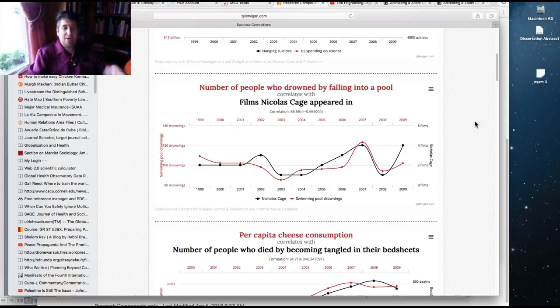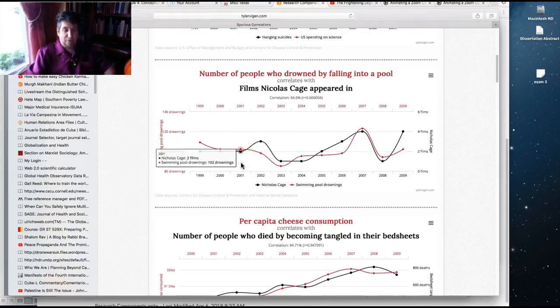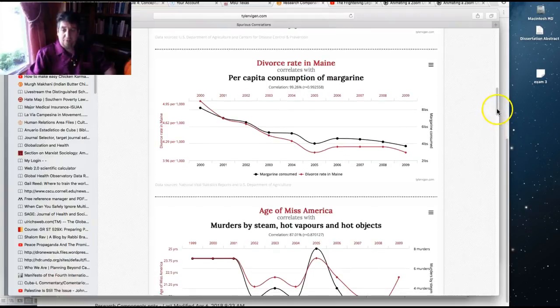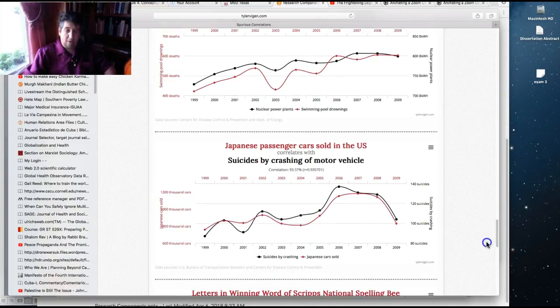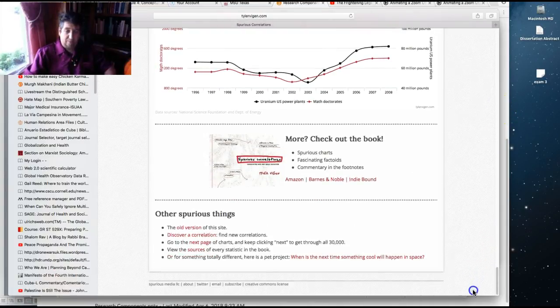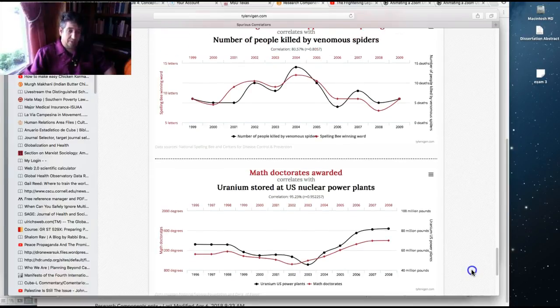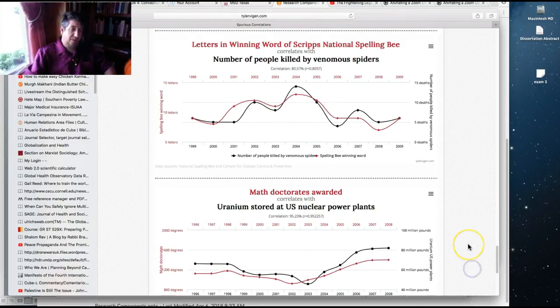In this case, Nicolas Cage films come out in the summer, and people are also more likely to go swimming in the summer, and so the number of drownings are also more likely to increase during the summertime. But it's very interesting to see this sort of spuriousness. And just scrolling down here, I want to show you some of the sillier ones, such as this one.